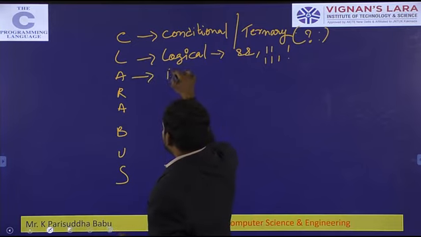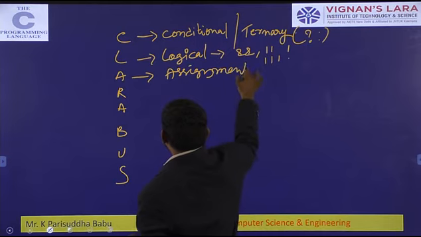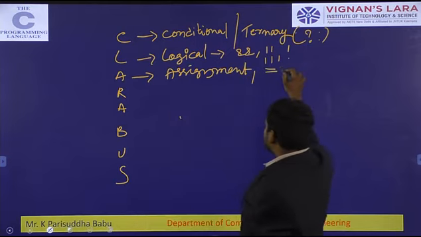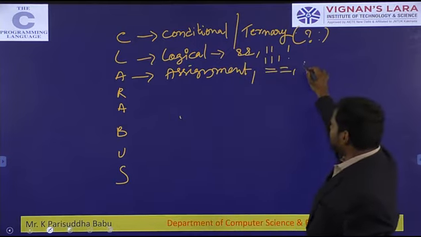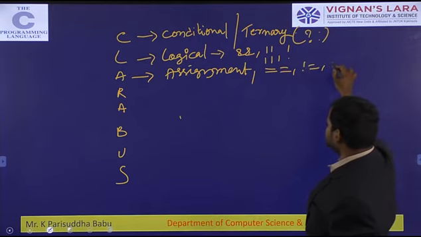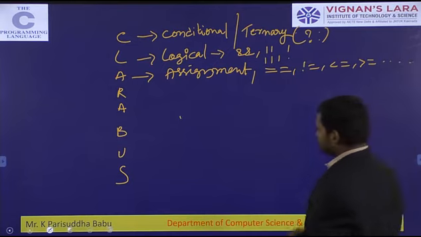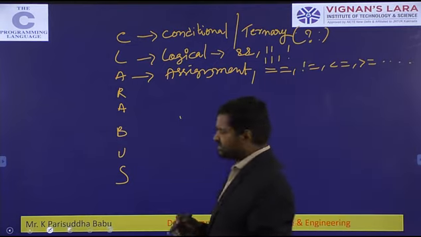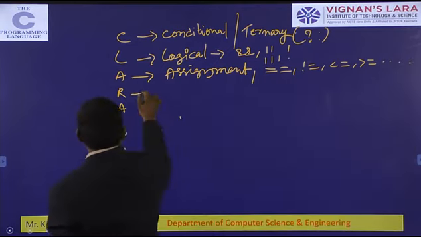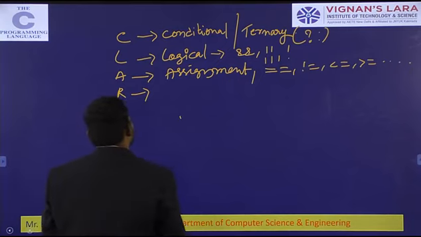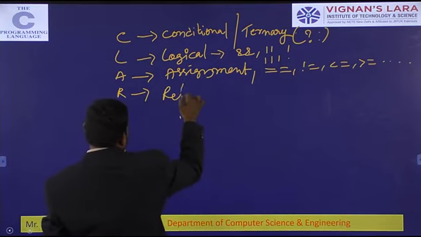Next, assignment operators: is equal to, plus is equal to, and so on. The assignment operator is also binary type. Next, relational operators.